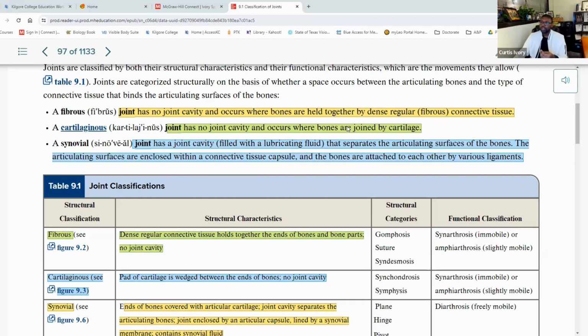But remember, dense irregular looked like lasagna noodles. It had all those dense collagen fibers embedded in it. Cartilaginous, there's going to be cartilage. So there's a pad of cartilage, just like in our vertebrae, those little cartilages in between our vertebrae, the fibrocartilages, that's going to be wedged in between bones.